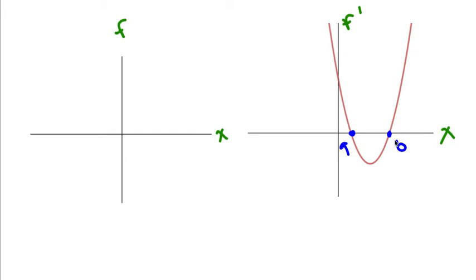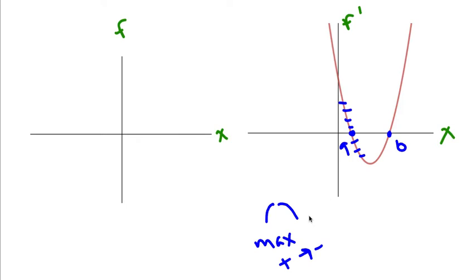Now, if you remember back to when we did maxes and mins, if something was a max, the derivative went from a positive to a negative, right? A max had a positive slope and a negative slope. So on the derivative graph, that should translate to positive values and negative values. So you can see these are all positive values, and then they go into negative values.